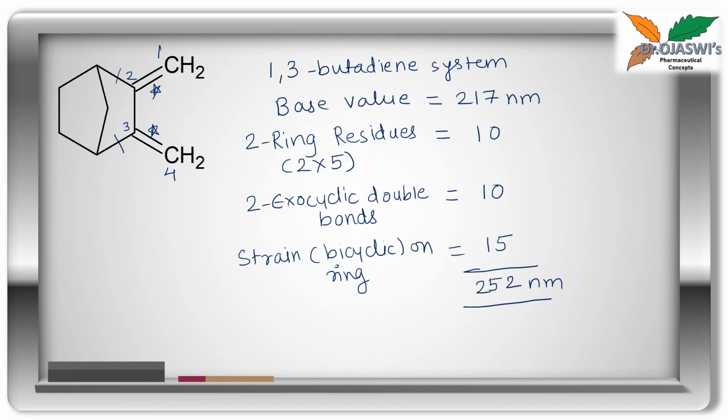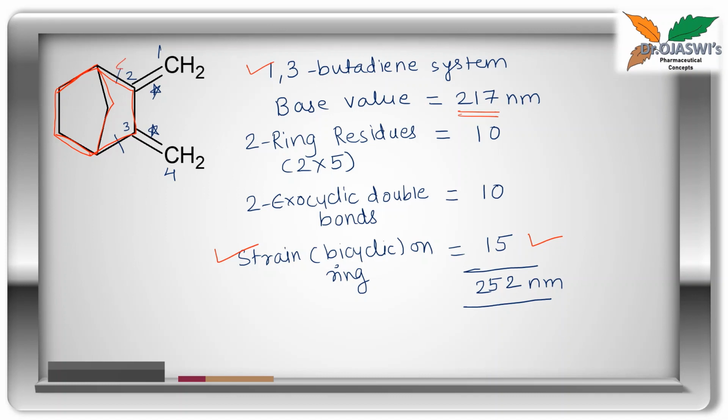So in this particular system, you can see this is a 1,3-butadiene system. So the base value we have added is 217 nanometers. If you observe carefully, there are two rings. This is the first ring and this is the second ring. So since this is a bicyclic system, there is strain on the structure and that contributes 15 units to the absorption value.